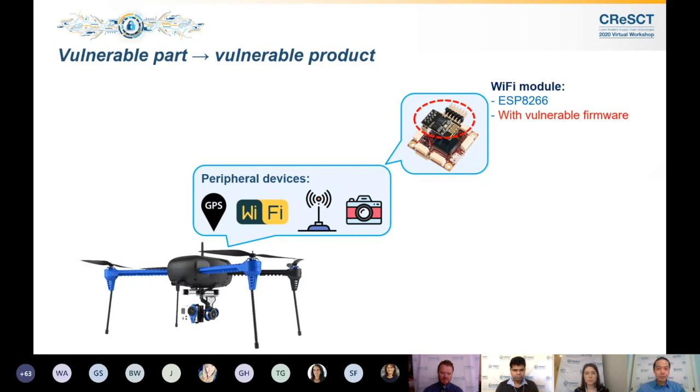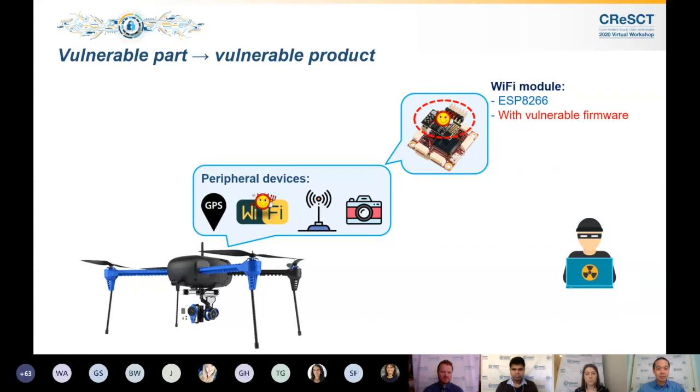In our autonomous vehicle experiment, we noticed that there is this very small Wi-Fi chip coming from overseas with a specific vulnerability. It's almost like a backdoor that will allow an adversary to dynamically update the firmware of the entire Wi-Fi chip so that the Wi-Fi gets compromised or hijacked by the adversary.